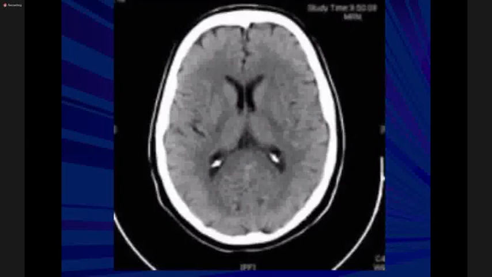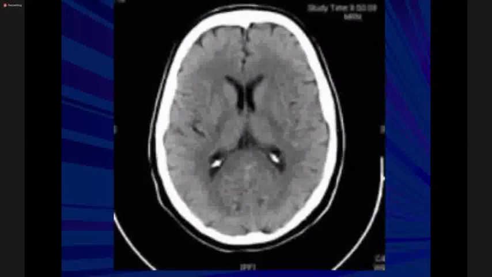If you do a CT scan, this is how the CT would appear. We do the first CT scan, and more often because of problems with resources, we do not do a repeat CT scan. So more often when patients are discharged in about 4 or 5 days, they come with this type of CT scan, but the person is totally paralyzed. And do you see any abnormality in this CT scan?